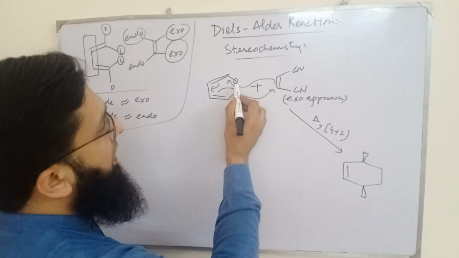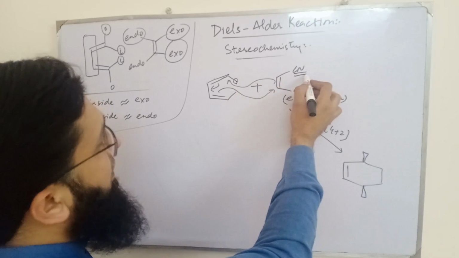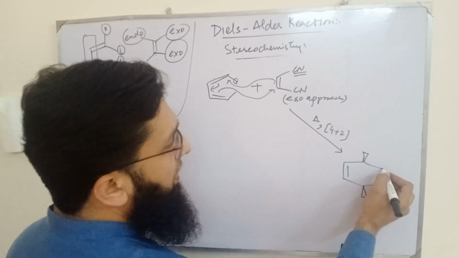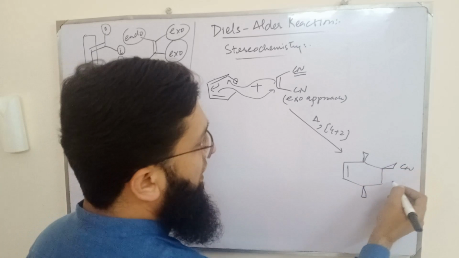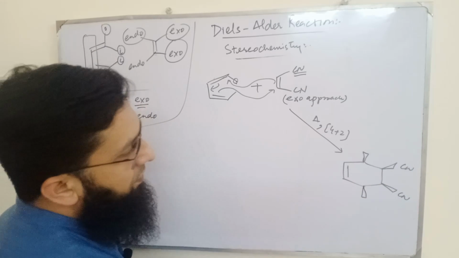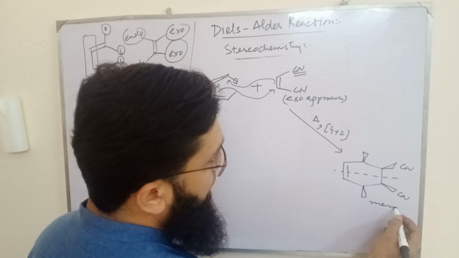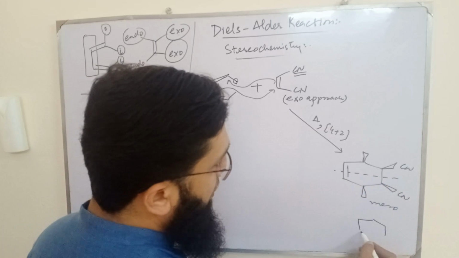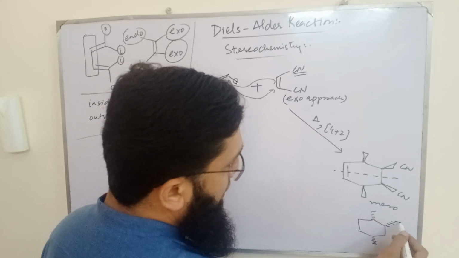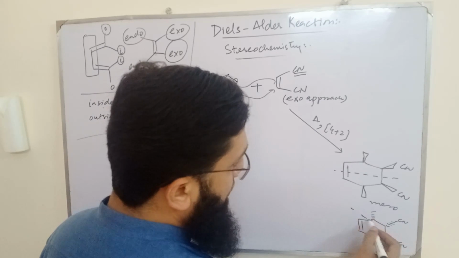And now this is inside, and this is exo approach. Inside and exo have the same stereochemistry. So this would also come on the above side of the plane. And here we can see there is a plane of symmetry. So again this is meso, and we do not need to draw it, or we can draw it and cross it because this is a meso molecule.